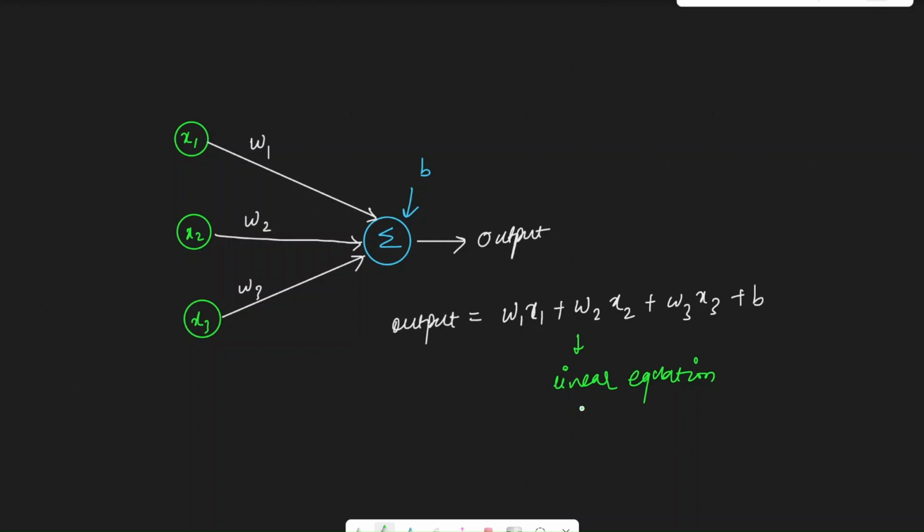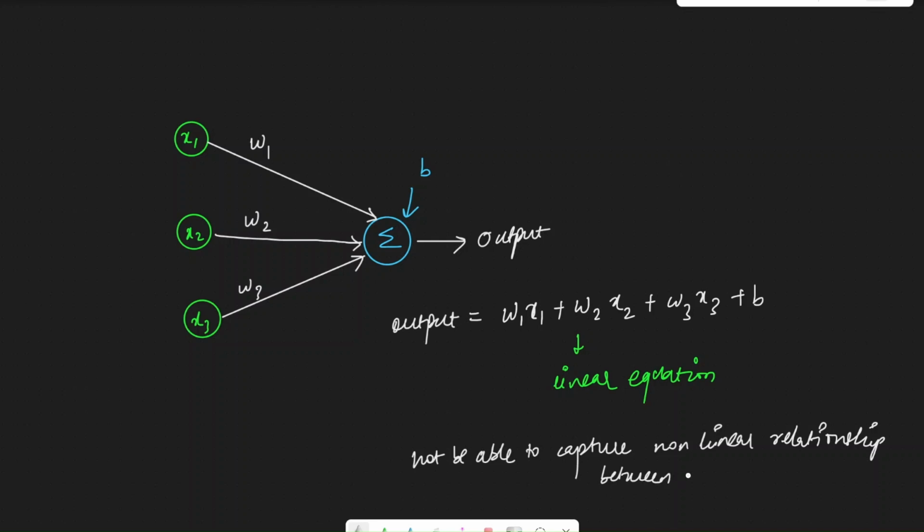Because this is a linear equation, it will not be able to capture non-linear relationship between data. And our real world data is so complex that it cannot be represented using this linear combination of inputs.